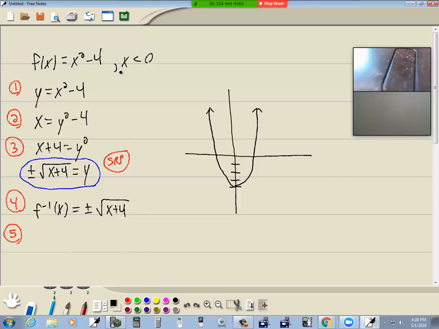Now, when we're saying that we want to look at it where x is less than 0, well, here's x equals 0. To say we only want the part where x is less than 0 means we're erasing the right side and keeping just the left side, because this is where x is less than 0. So that's our f of x.